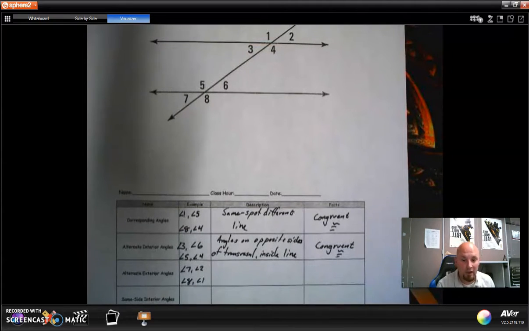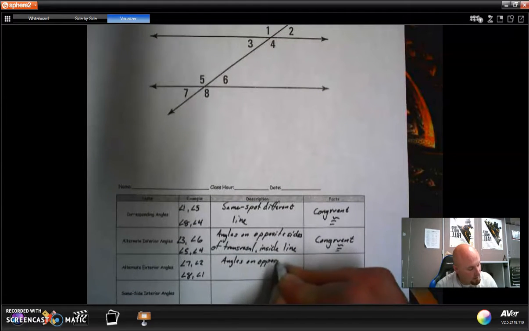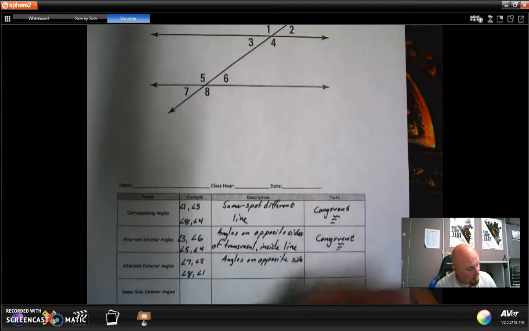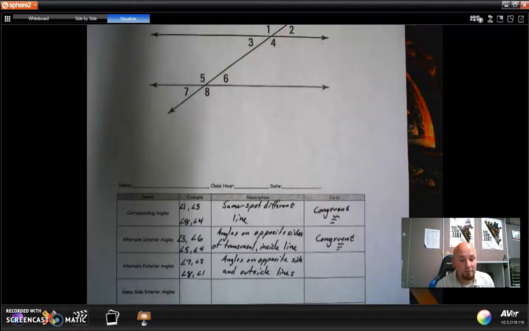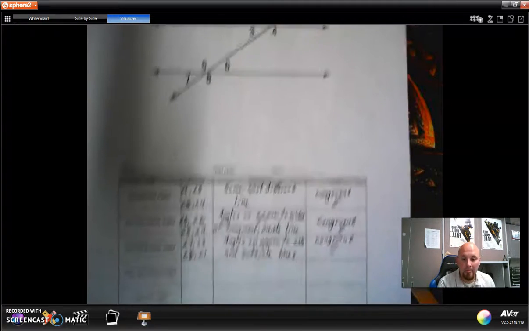Alternate exterior angles. Those are angles on opposite sides of the transversal, and outside the parallel lines. And guess what? They're also congruent. They equal one another. Okay?